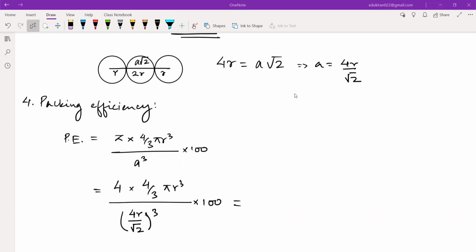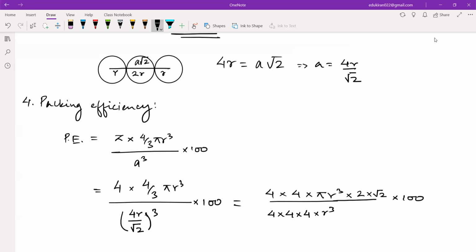I hope you guys are calculating, okay? Here we have 4 into 4 into pi r cube divided by, this will be 4 into 4 into 4 into r cube, and this will be into root 2 cubed, which is 2 into root 2, into 100. So I can eliminate 4 and 4, r cube and r cube.